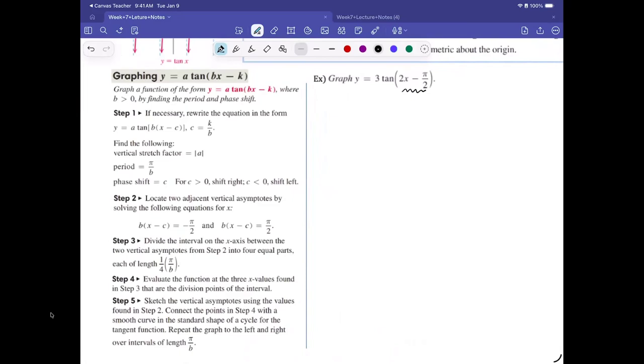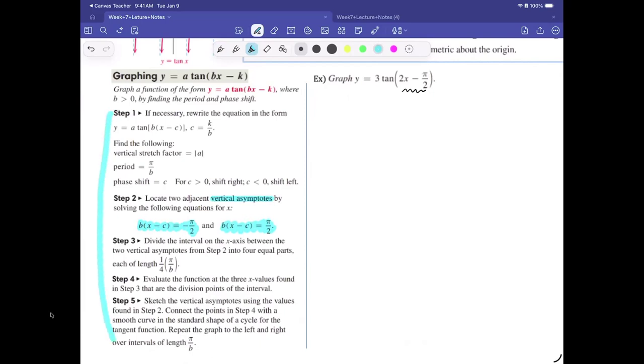It doesn't matter, I will show it to you later. And then the vertical asymptote, this is very important. The vertical asymptote is this one set equal to -pi over 2, and that one is b times x minus c equal to pi over 2. Okay. So I'm going to follow these steps.